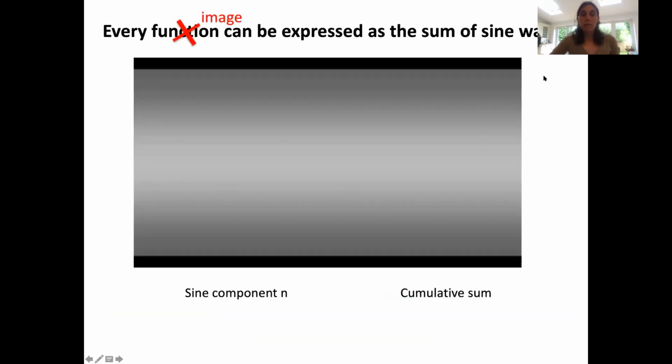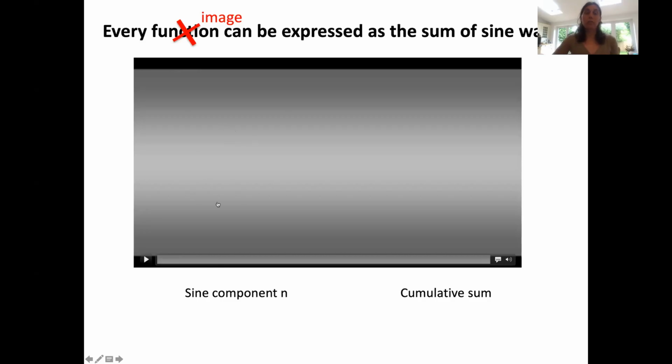So here I want to show you a movie that I made to illustrate how even very complex images can be expressed as the sum of sine waves by doing it the other way around. So here on the left side of the movie, you will see each sine component being added.